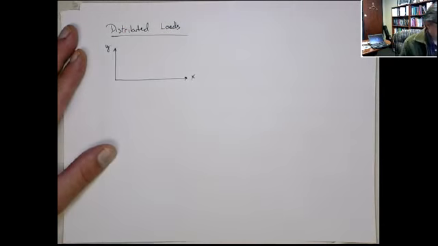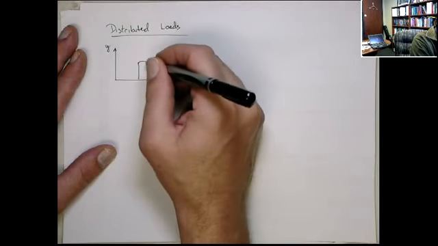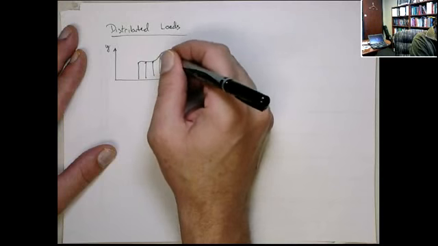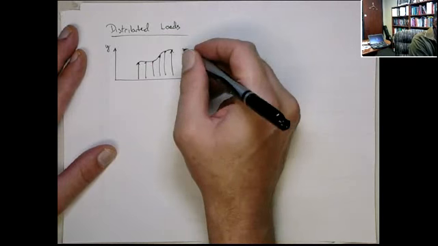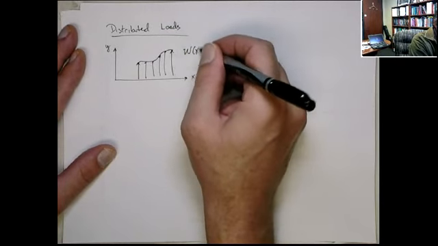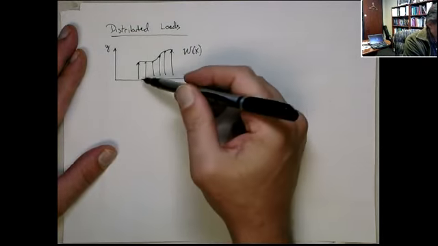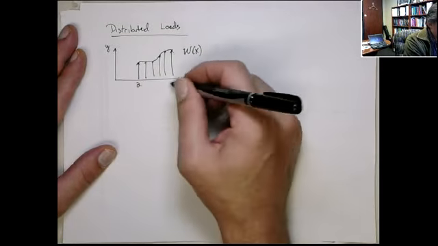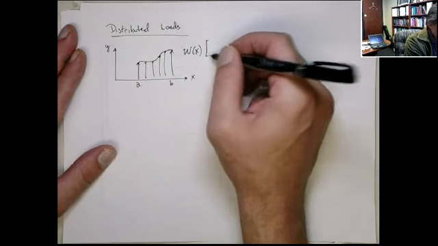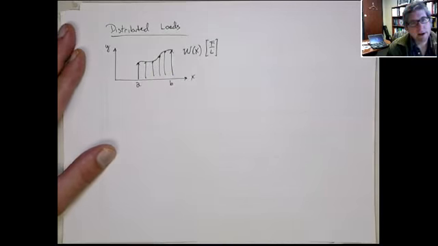So let's have a coordinate system, and some distributed load on an edge. Let's keep it relatively arbitrary. We'll use up as the positive sense, and the load as a value described by the function w(x). The actual load changes from A to B. The units should be force per length, so pounds per inch or foot.